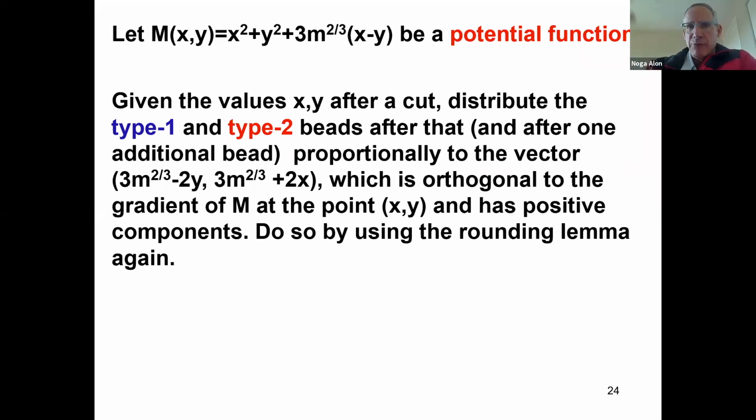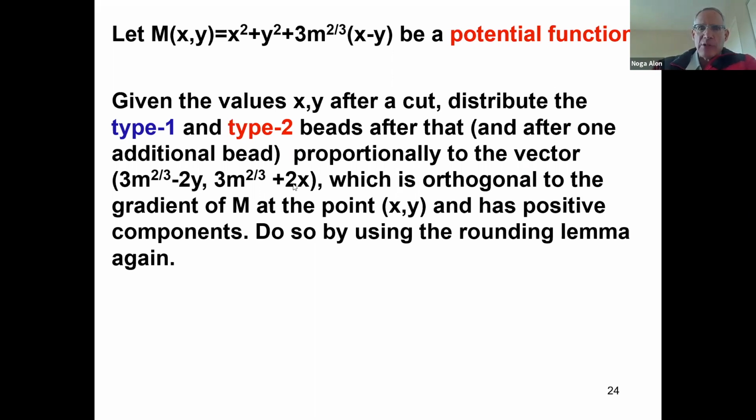But then if we try to prove the lower bound, the allocation of beads from now on after the next cut will have to be proportional to a vector with possibly negative coordinates. So we have to make sure that the coordinates of this vector are positive.